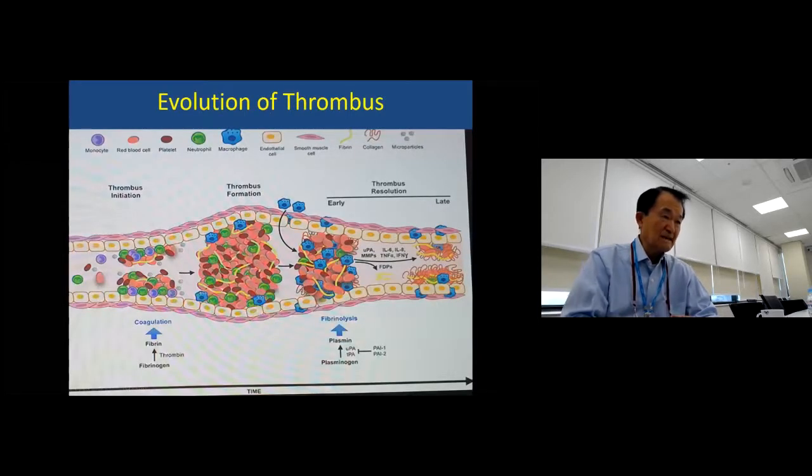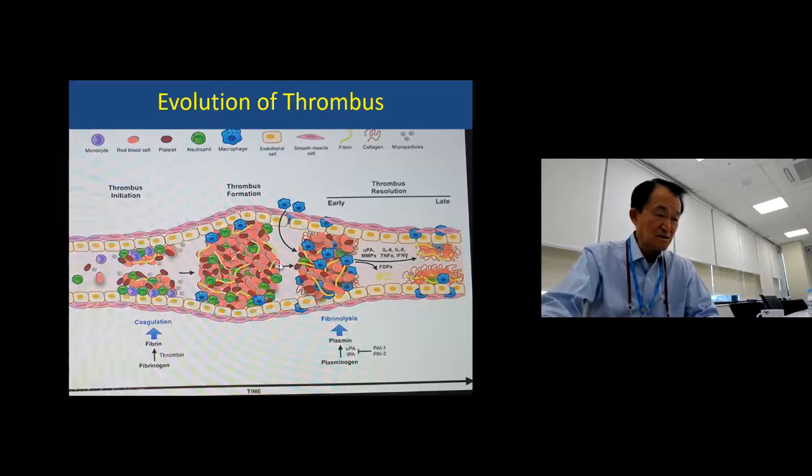So again, now we look at a thrombus, and initially in a fibrin there's a deposit with the red cells, so that's blood color, and obstructing here.